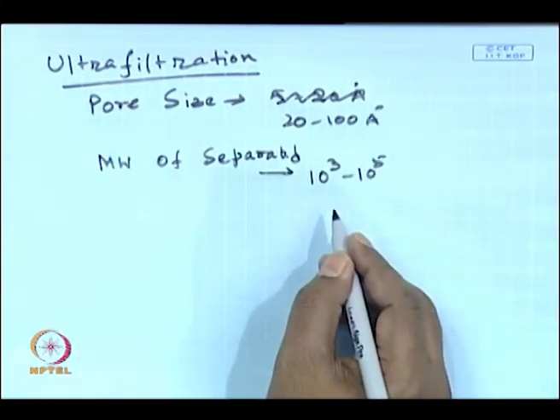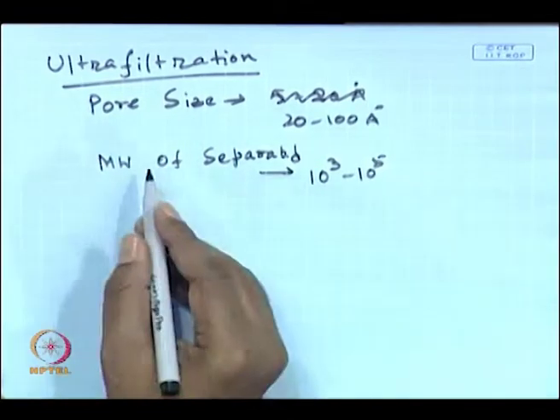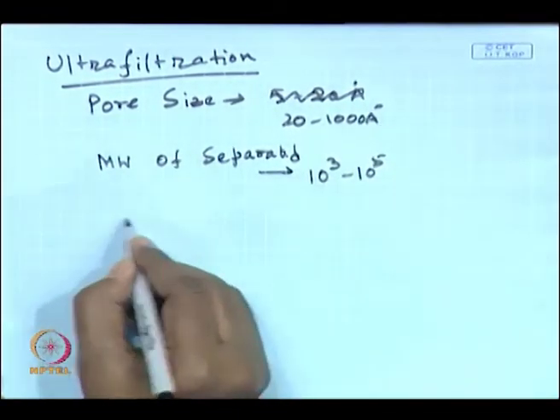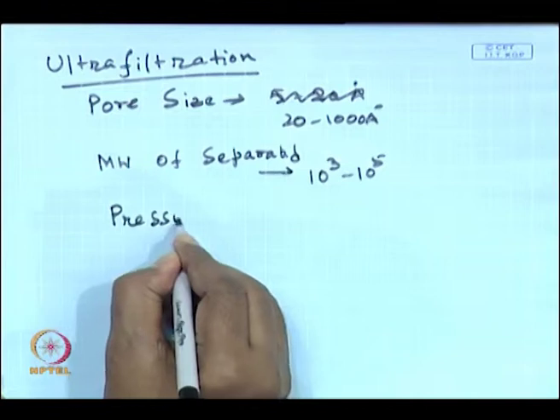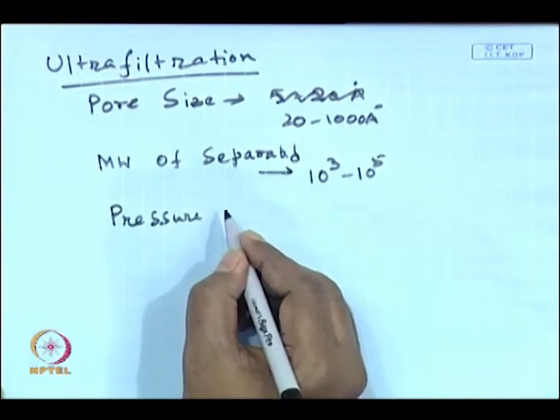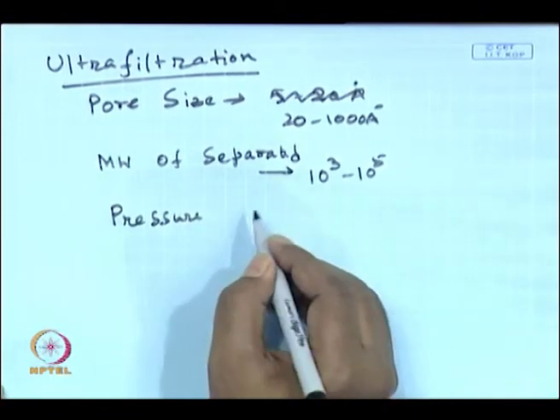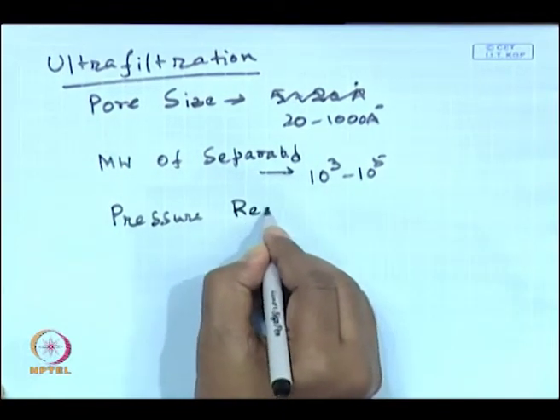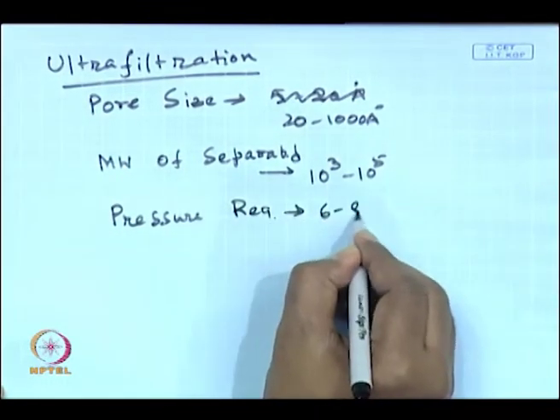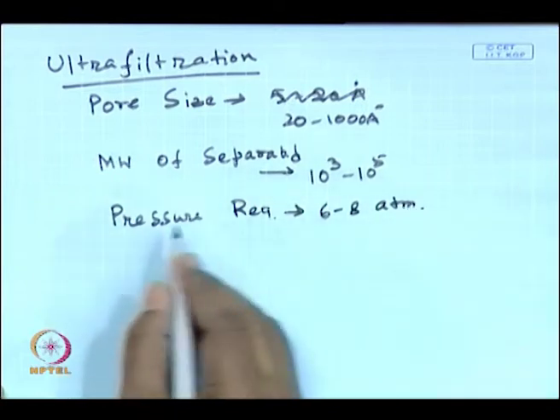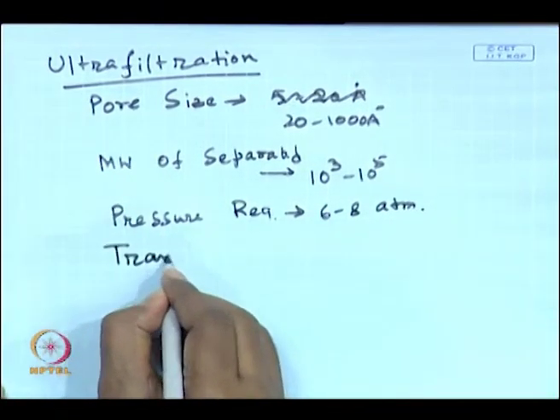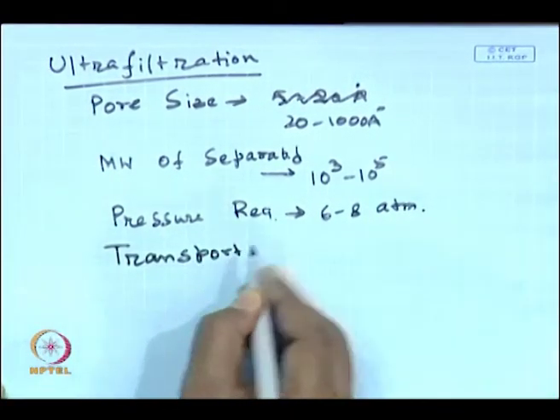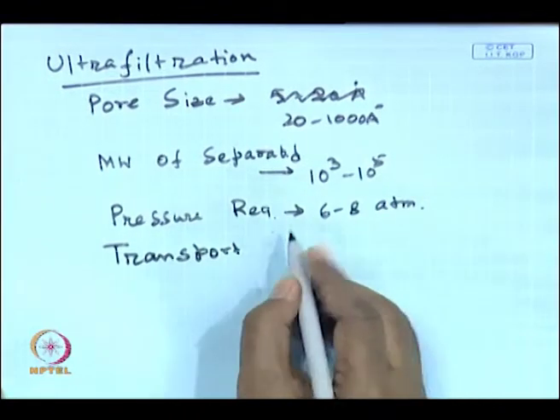The pore size will be 20 to 1000 angstrom, and since we are talking about higher pore size and separation of higher molecular weight solutes, the pressure requirement will be less, 6 to 8 atmosphere. And the transport mechanism is a mixture of convection as well as diffusion.